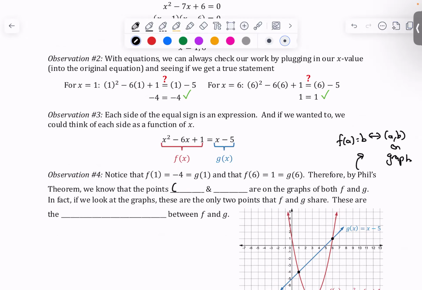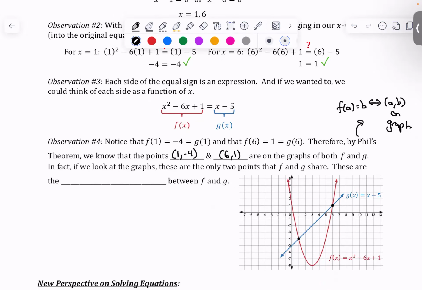So this means that the points 1 comma -4 and 6 comma 1 are on the graphs of both f and g. In fact, if you look at the graphs which I've provided here, they're the only 2 points where those curves have the same values. They're the only 2 points that those 2 functions share. These are the intersection points of f and g.